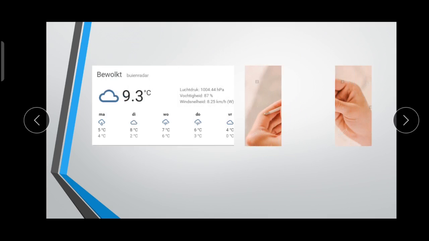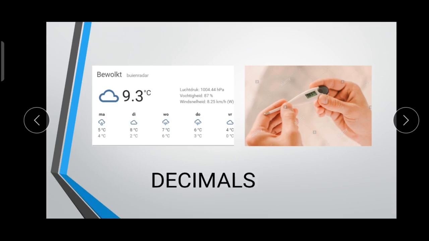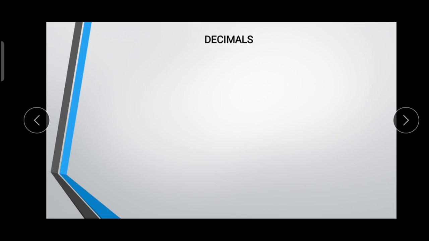So when you look at the two pictures, the weather report and the body temperature, the dots you see in this figure and in this figure also are decimals, and these figures are known as decimal numbers. In this lesson, let us look at decimals in detail.